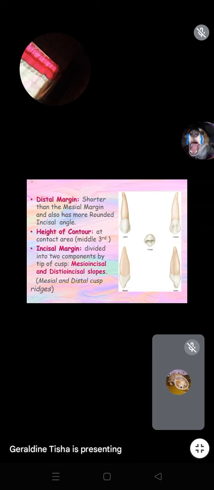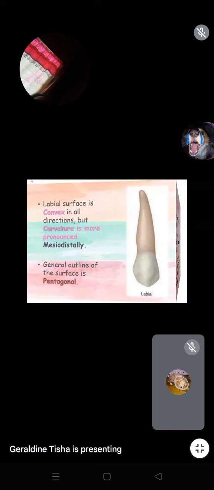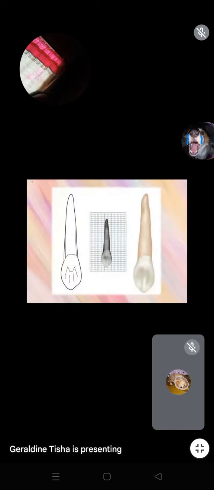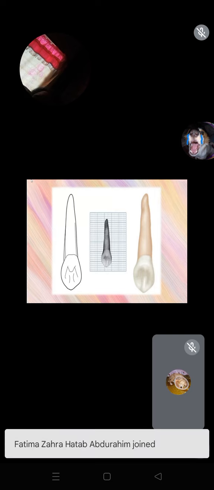So you proceed to the lingual aspect. Okay, Doc. In the lingual aspect, note that a well-developed lingual ridge is seen, which divides the mesial and distal lingual fossa. So meaning, the lingual ridge divides the distal and mesial fossa.